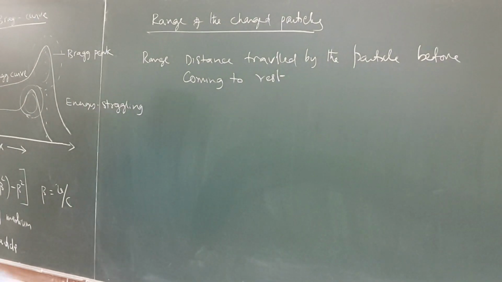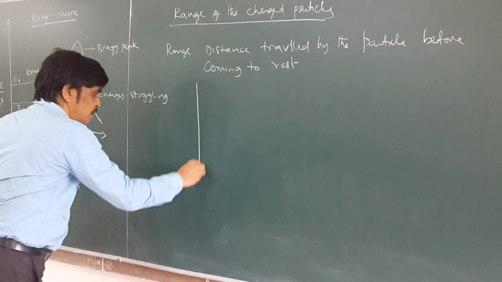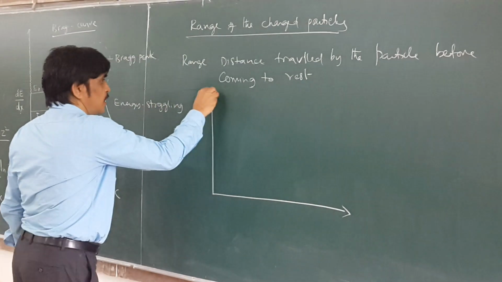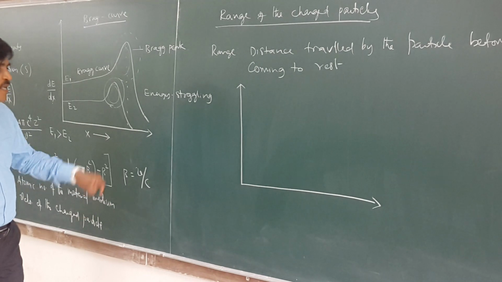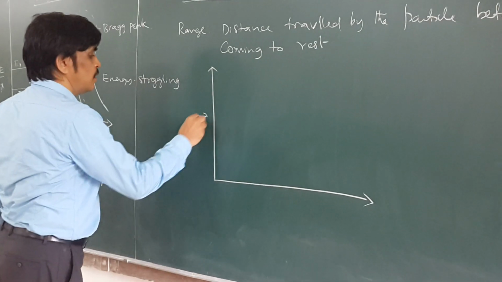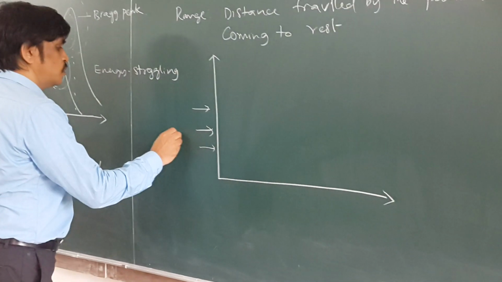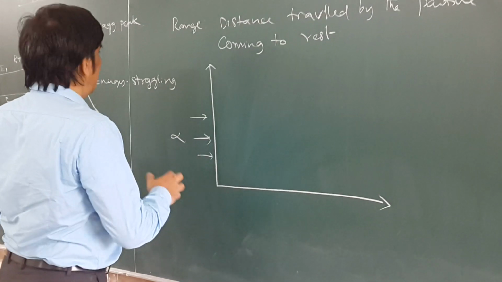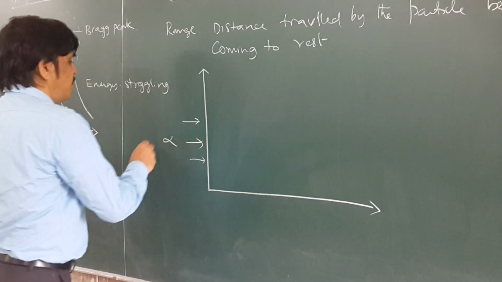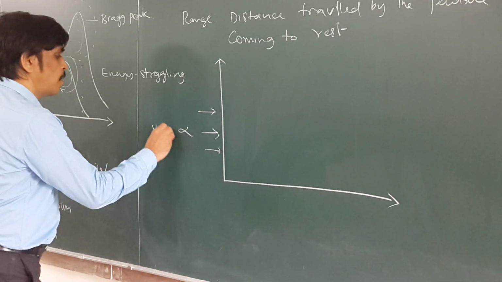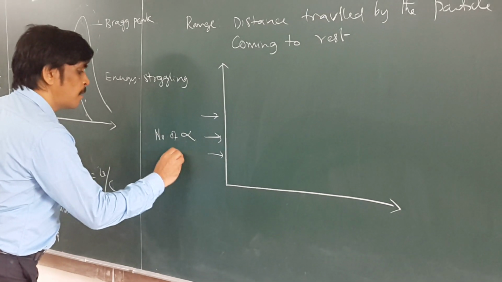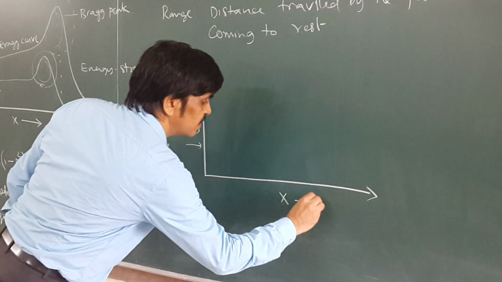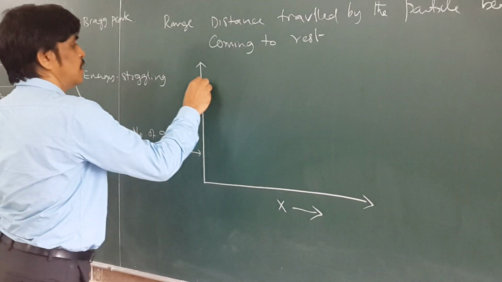So therefore, if we consider a beam of alpha particles, which are, let us say, traveling from left to right in a material medium, and if you are interested to evaluate the range in that particular medium. So this is the beam of alpha particles. Now you will see that the number of alpha particles remains almost constant with the increasing thickness.